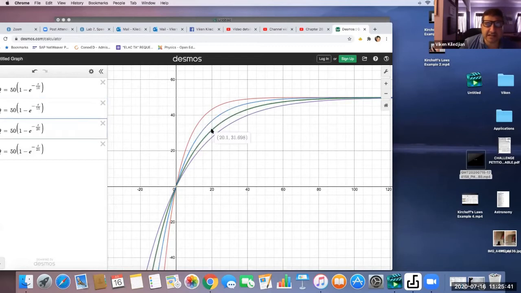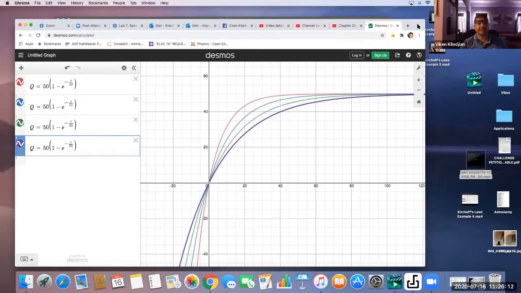And then this guy takes 20 seconds to reach 63% of its maximum. But the maximum I haven't changed, you see? And then this guy takes 25 seconds. You see what's happening? So the bigger the resistance, it takes longer for it to charge, you see?